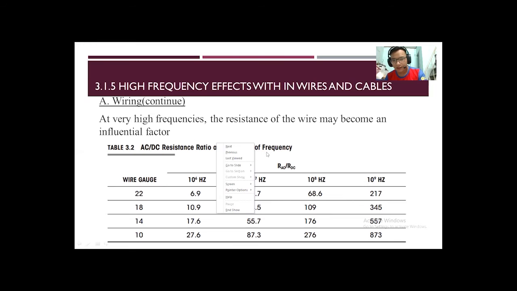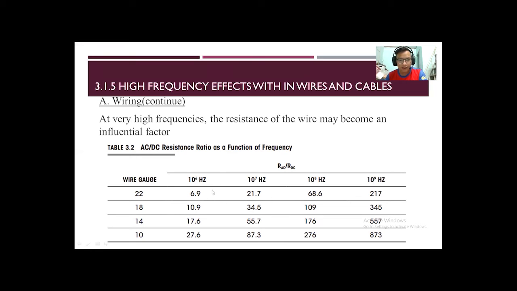You know that resistance makes the current hard to flow. And here we have a table of wire gauges: 22, 18, 14, 10, and here we have frequency.